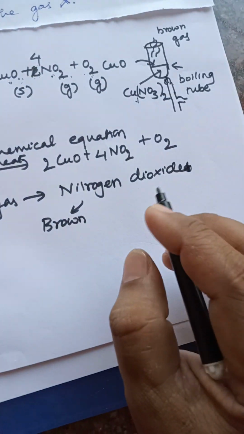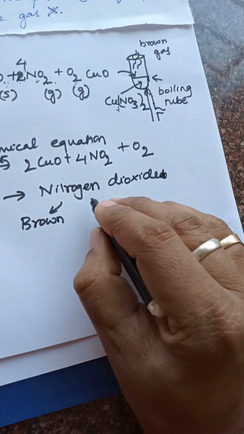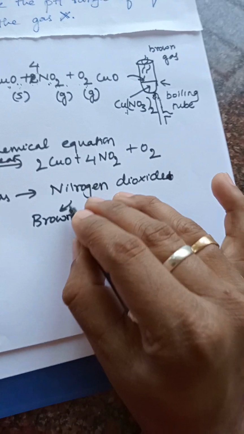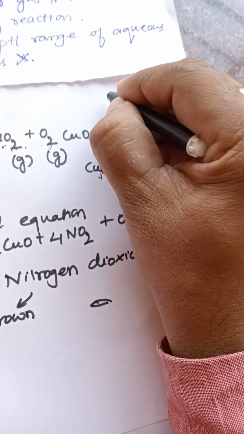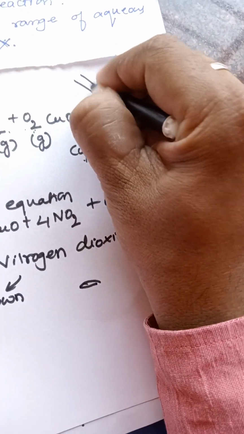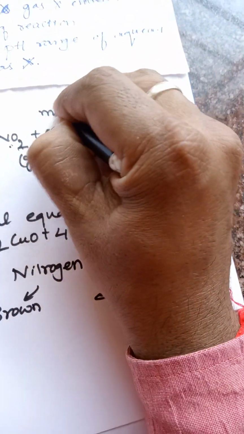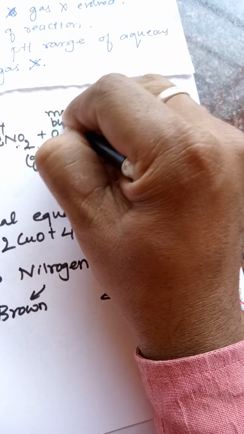One more test is there, which is again a preliminary test, which confirms that the gas is nitrogen dioxide. What we can do is we can take a moist blue litmus paper.